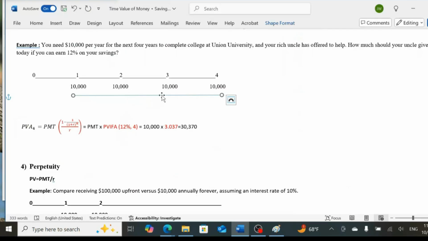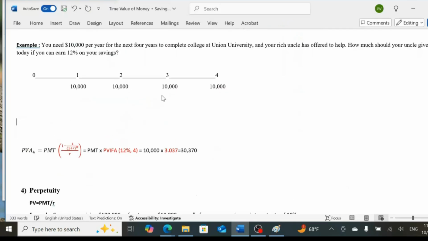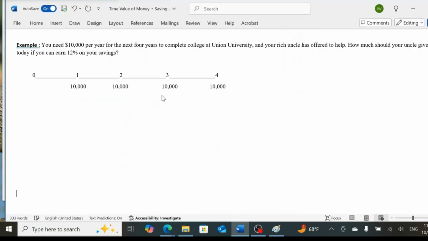Every year I will send you $10,000 so you can make your bill payment." So the uncle can send him a check at the end of the year, $10,000, $10,000, so it will meet his needs.